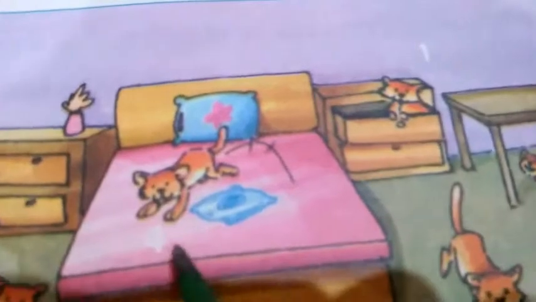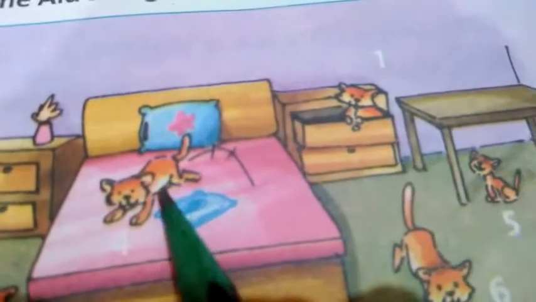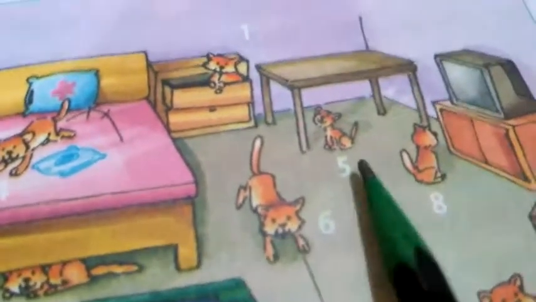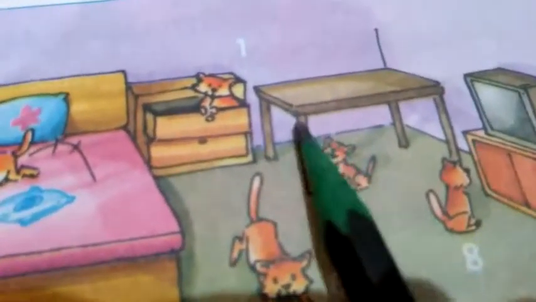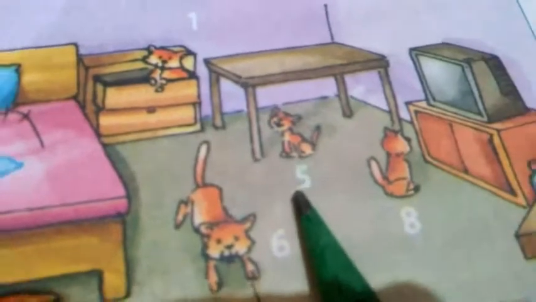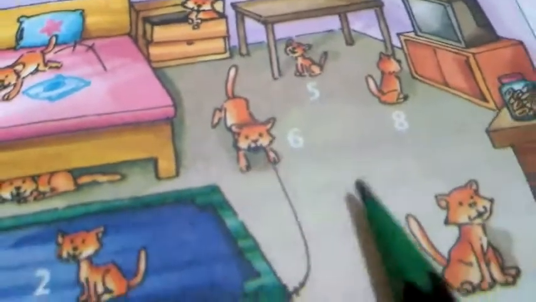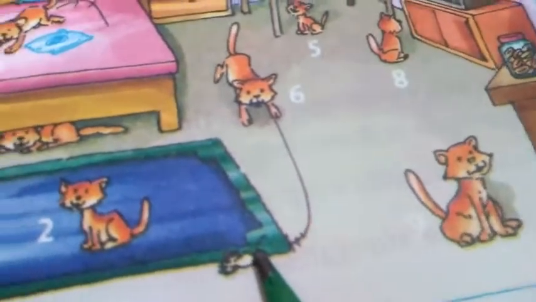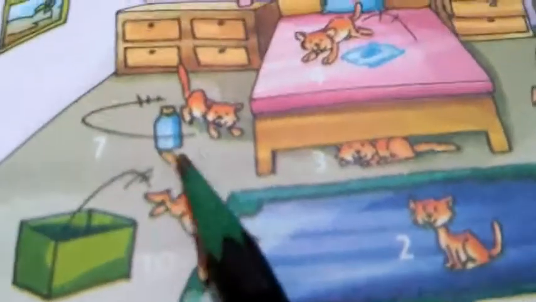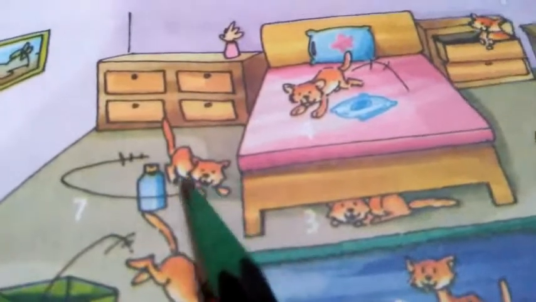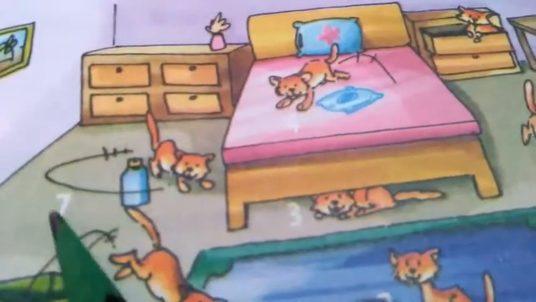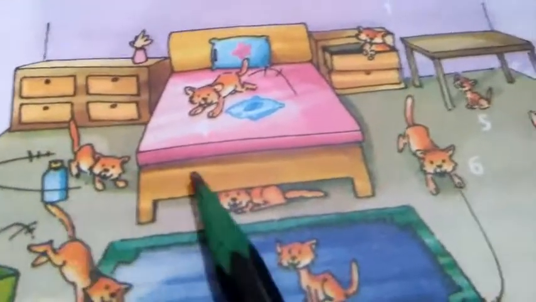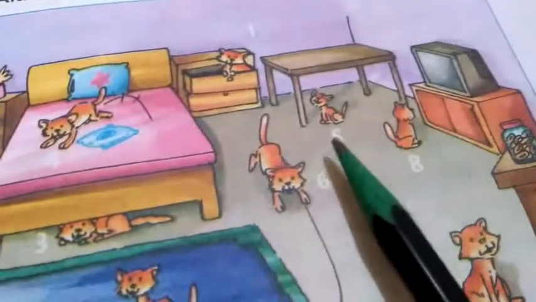Fourth kitten is jumping over the cushion. Fifth kitten is sitting near the table. Sixth kitten is running after the rat. Seventh kitten is running around the bottle, or moving around the bottle.